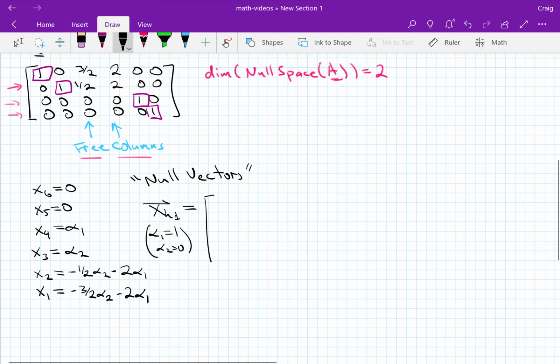So x1 is going to be equal to minus 2, x2 is going to be equal to minus 2, x3 is going to be equal to 0 because alpha 2 is equal to 0, x4 is going to be equal to 1, and then x5 and x6 are always 0 for the null vectors for this matrix.